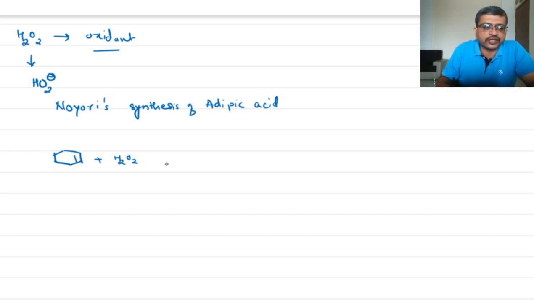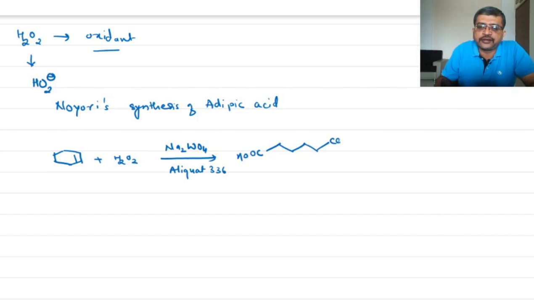It oxidizes cyclohexene in presence of a catalytic amount of sodium tungstate and Aliquat 336 as a phase transfer catalyst. When we are using Aliquat 336 as a phase transfer catalyst, there is a ring opening reaction that happens to give adipic acid.